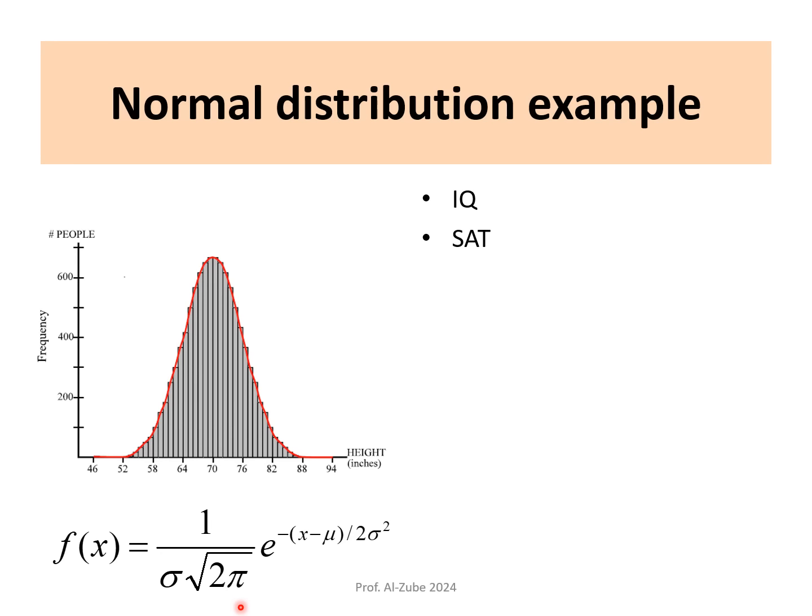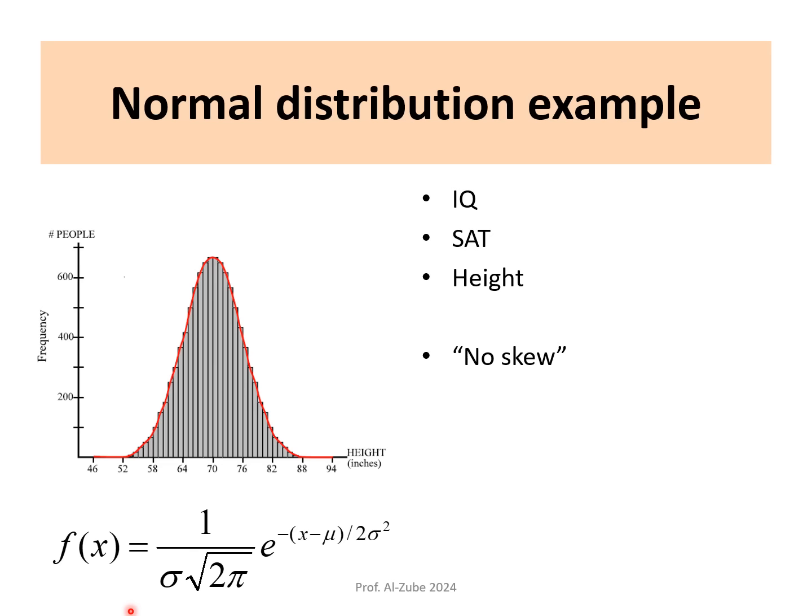You can look at the SAT results for the population, or the height of people. This is an example of the height. So 70 inches is, let's say, the mean, and people are distributed equally on both sides, lower and higher. So this is a normal distribution example, a bell-shaped distribution.